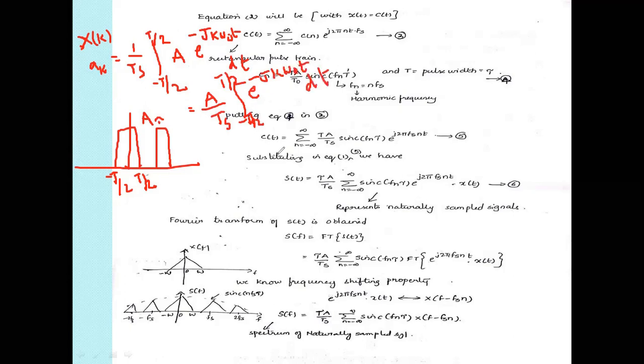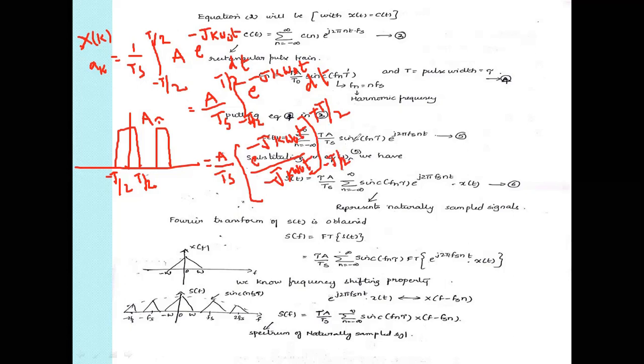Now expand the integral: e power minus j k omega naught t divided by minus j k omega naught, evaluated between minus tau by 2 and tau by 2.